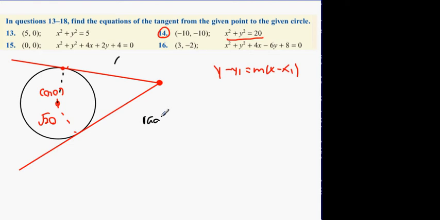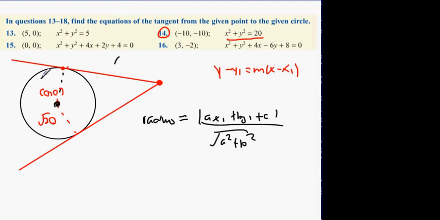So radius equals this formula here: ax1 plus by1 plus c, all over the square root of a squared plus b squared. In your notes it will tell you that x1, y1 is a point that's away from the line. The x1, y1 in this question is 0, 0. And we don't know what the a value, b value or c value is.